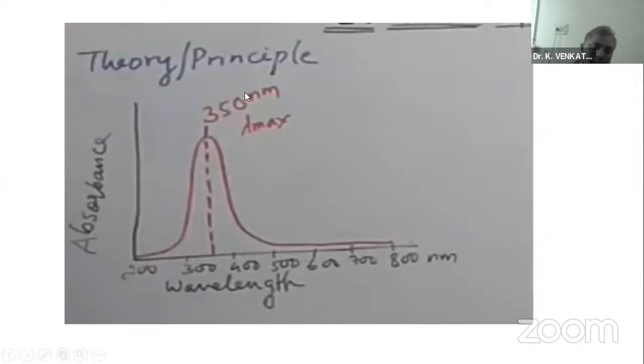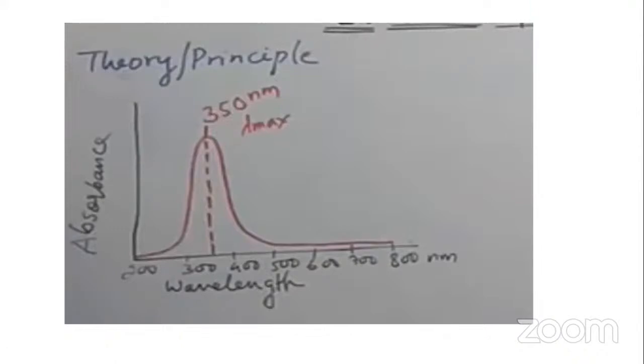So what do we call this 350? It is the wavelength of maximum absorption. What is happening here at 350 nanometers is maximum absorbance, the maximum number of molecules are absorbing at this level.